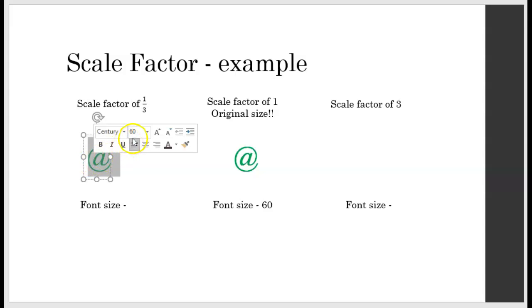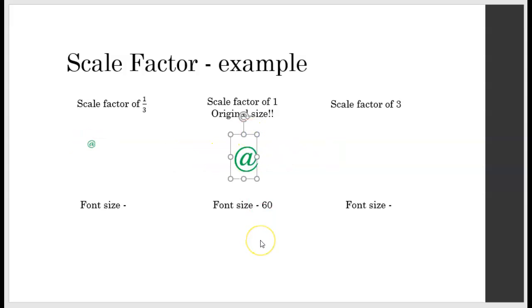If we shrink this font size down to 1/3 of its original size, that just means take that 60 and divide it by 3. So my font size would be a 20. Look how much that shrunk it down. Theoretically, it looks a little squished vertically, but it's supposed to be the exact same shape. It's just 1/3 as big.